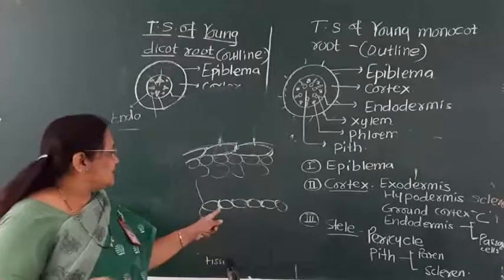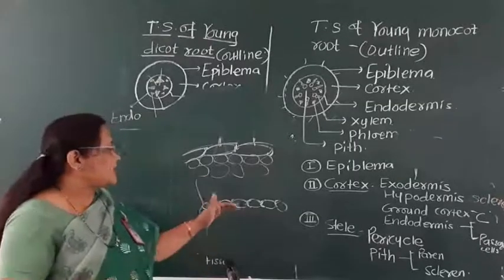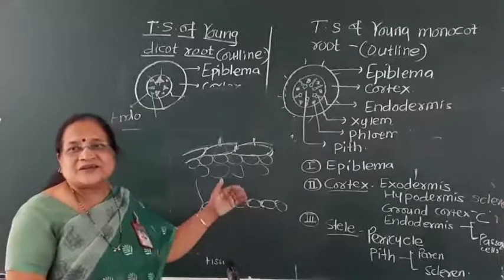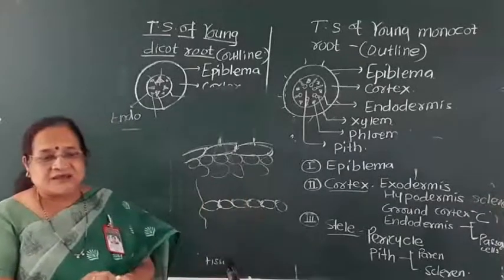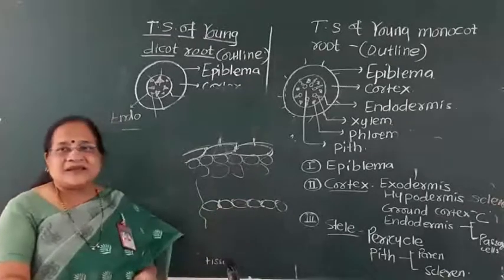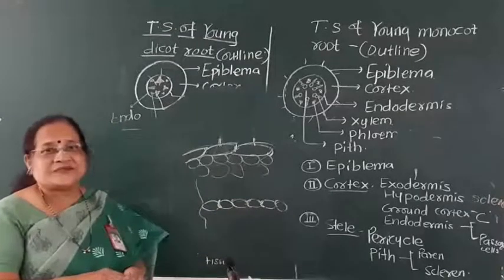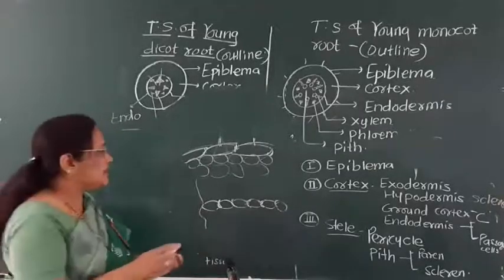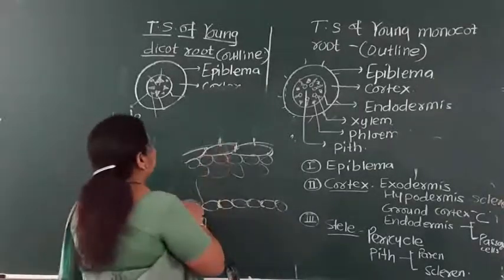These structures avoid the translocation from cortex to stele and stele to cortex, because they are thick walled cells. But in this layer itself, there are some unthickened or thin cells, and those thin cells we call the passage cells.